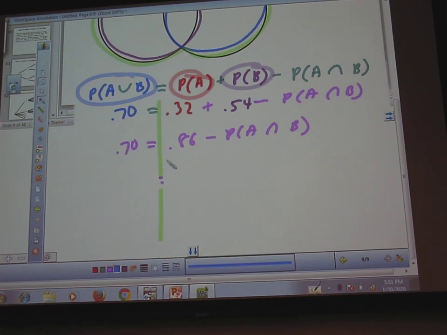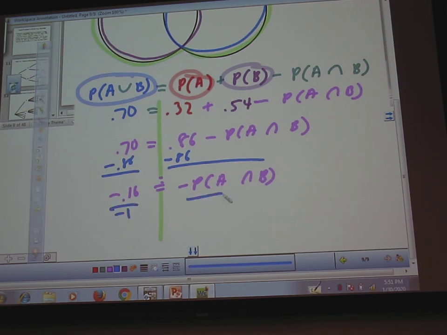So we will subtract 86 cents from both sides, and we'll end up with negative 0.16 is equal to negative probability of A and B. And then let's divide by -1 on both sides.